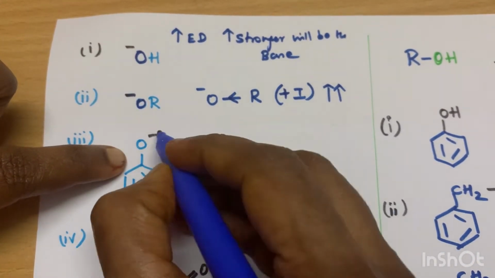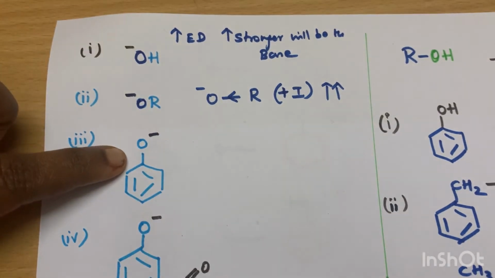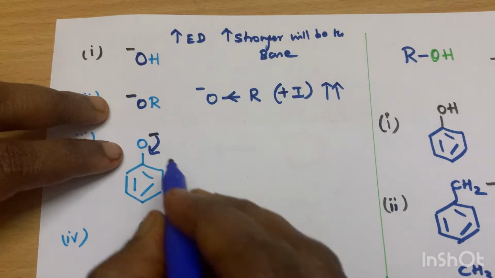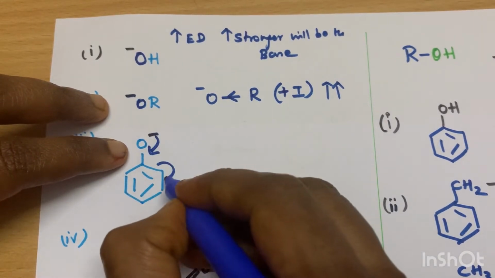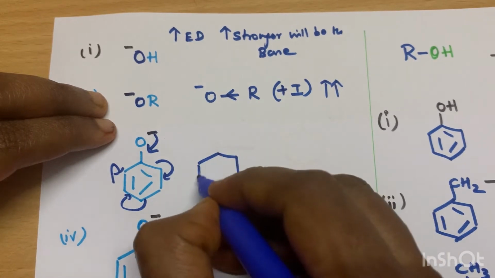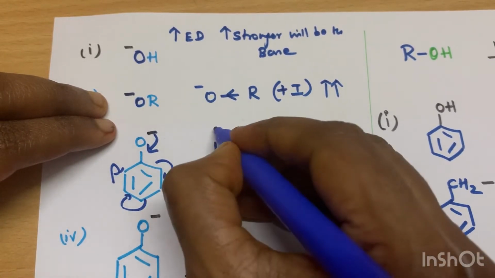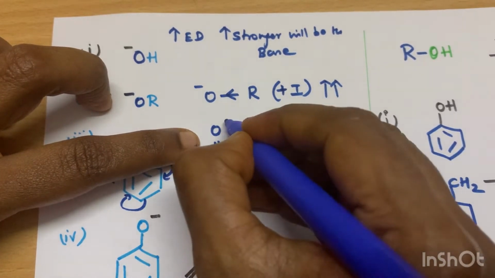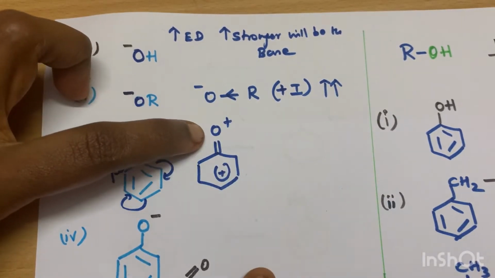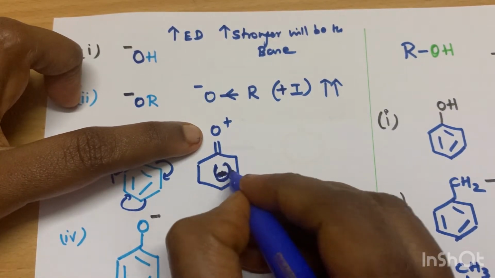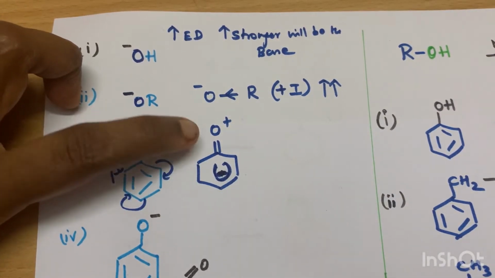Here there is also charge density, but the charge is involved in resonance inside the benzene ring. So what happens due to this? The electron density will not be available on the oxygen atom.